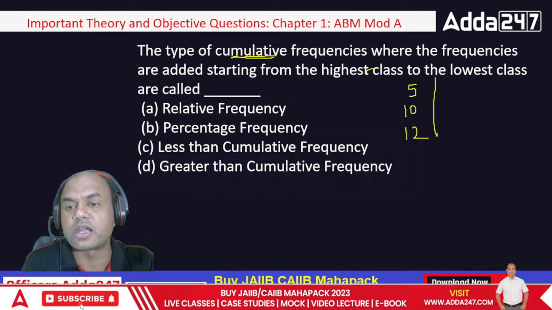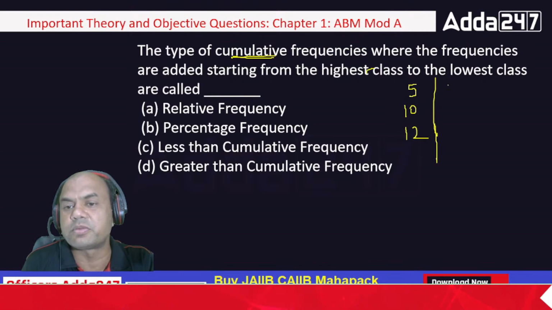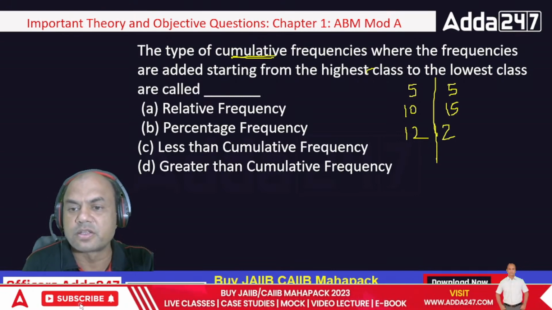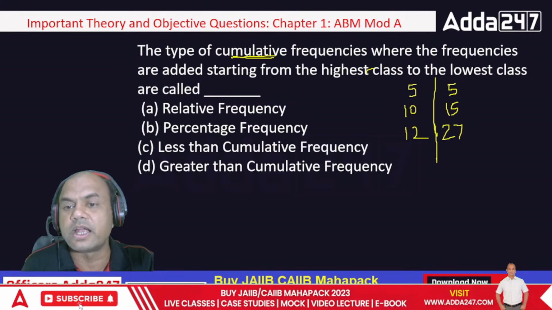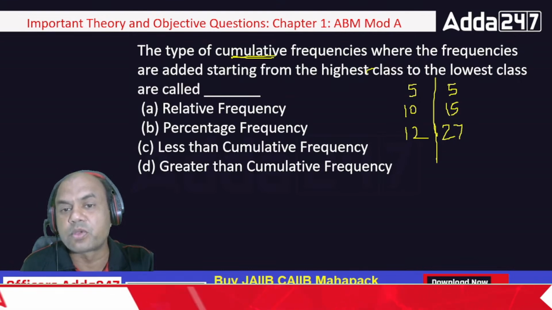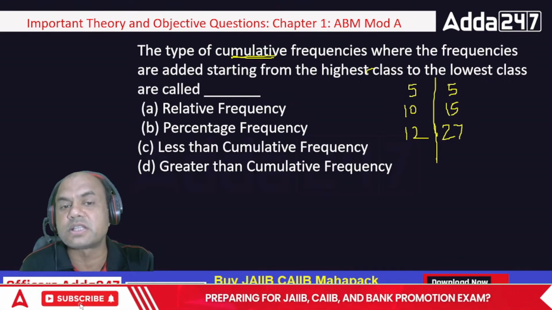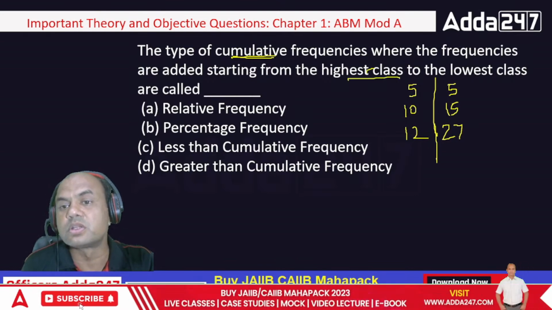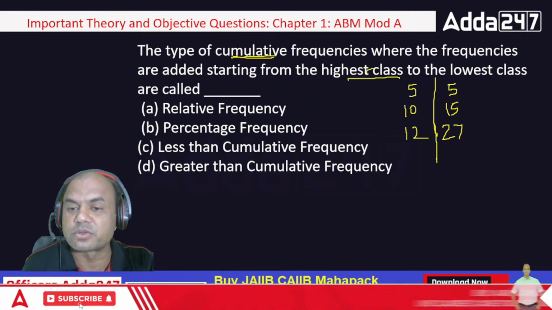If I want to write the cumulation, it will be 5 over here, then 15, then 15 plus 12, 27. So cumulative means it goes on adding. The frequencies are added starting from the highest class to the lowest class, meaning the end class over here.